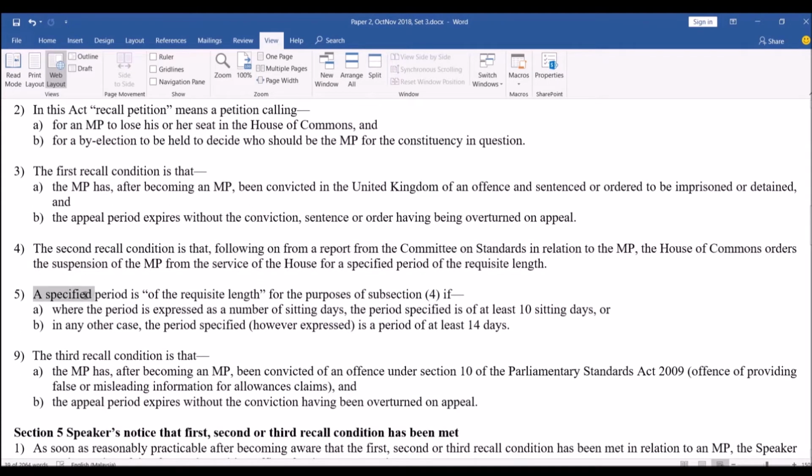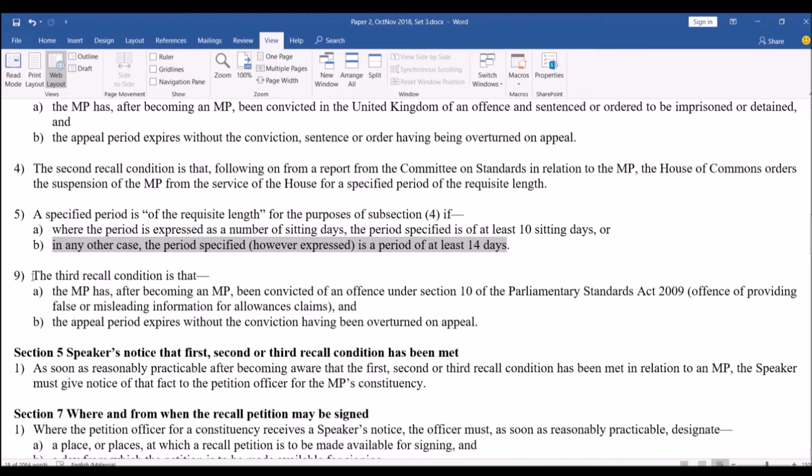Sub 5. A specified period is of a requisite length for the purposes of subsection 4 if, sub A, where the period is expressed as a number of sitting days, the period specified is of at least 10 sitting days, or sub B, in any other case, the period specified, however expressed, is a period of at least 14 days.